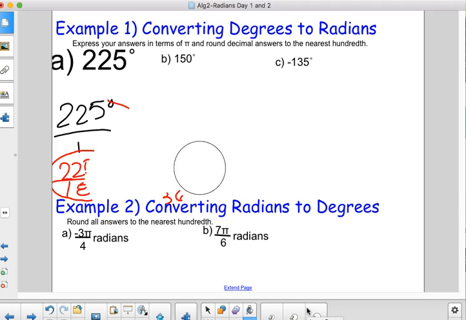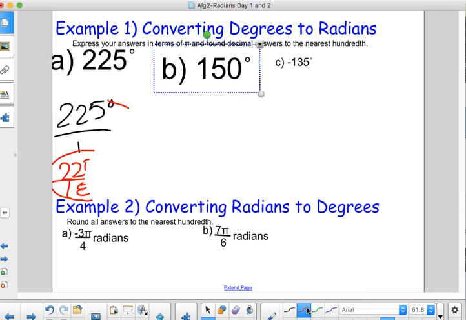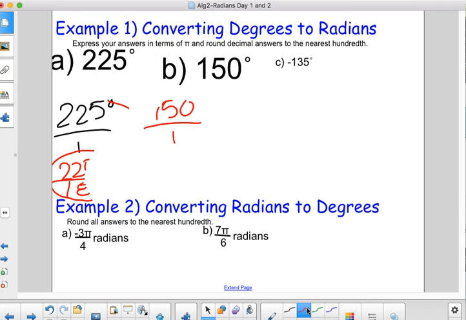Now it's 150. So always put a 1 underneath it. And if you want to end in radians, which one is radians, the pi or the 180? The pi. So whatever form you want to end with goes on top. The degrees are going to cancel.